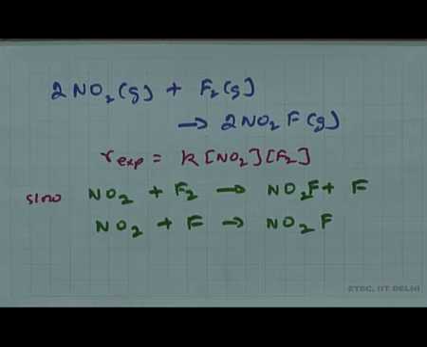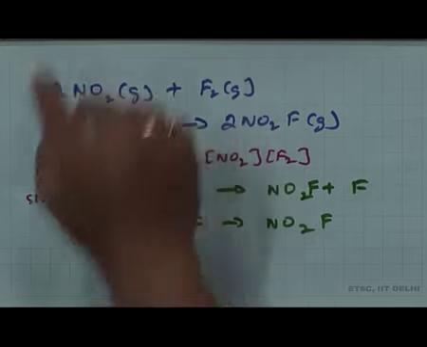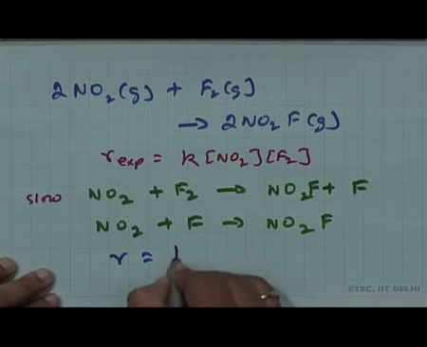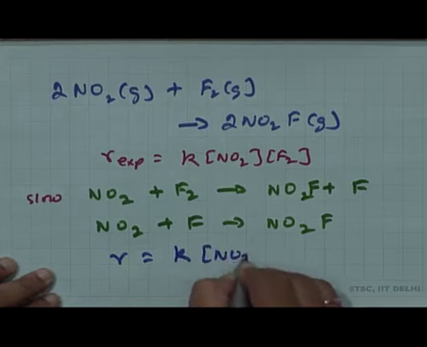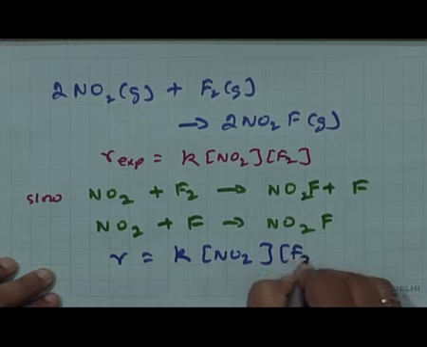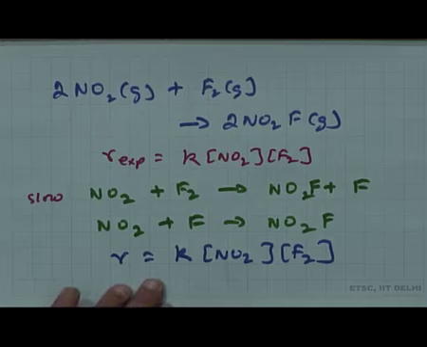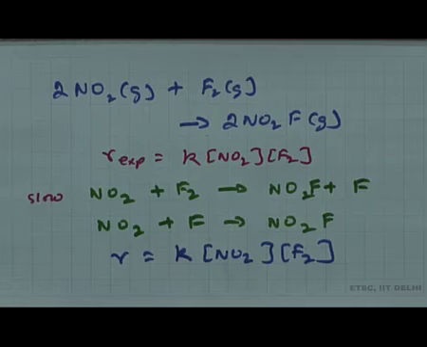So, if this is a slow step, then I can write R is equal to K times NO2 times F2, and the moment I have written that, I see that this form does agree with the one observed experimentally, hence the proposed mechanism is a plausible one.